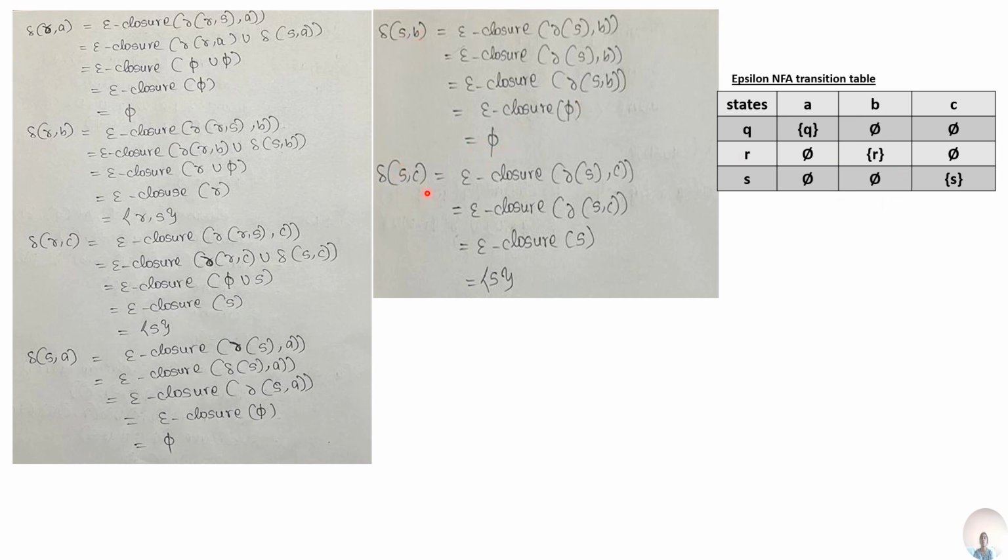Delta of S comma C equals epsilon closure of delta of S with input symbol C, and S on C is S, so delta of S comma C is S.